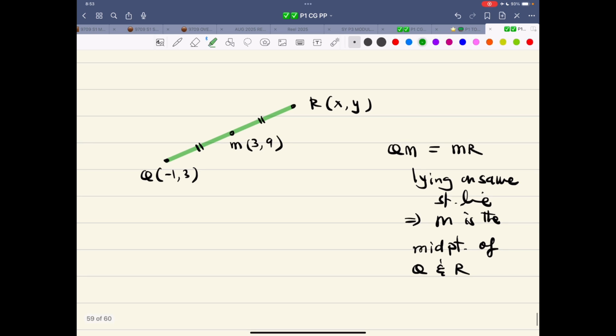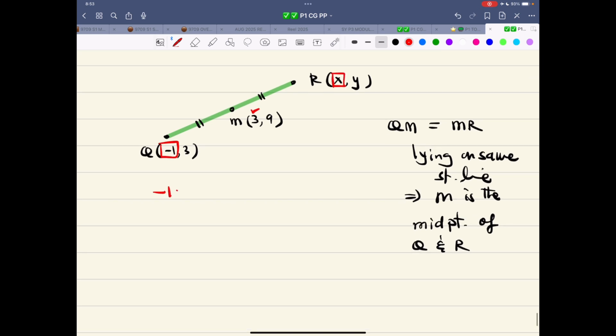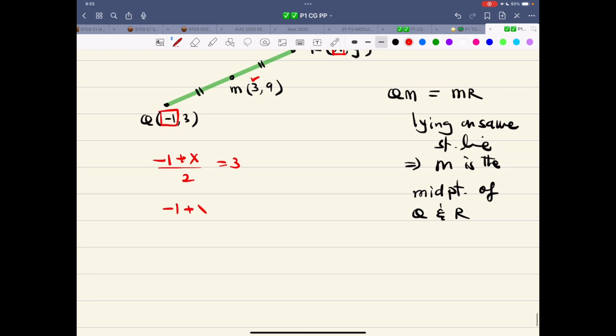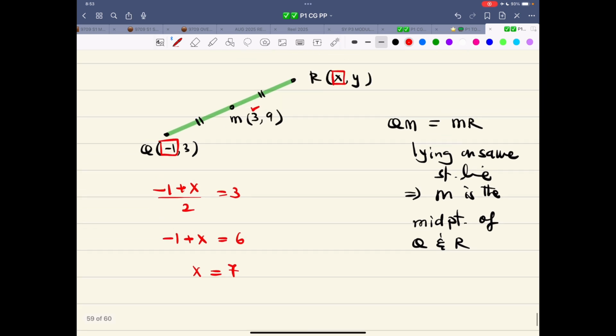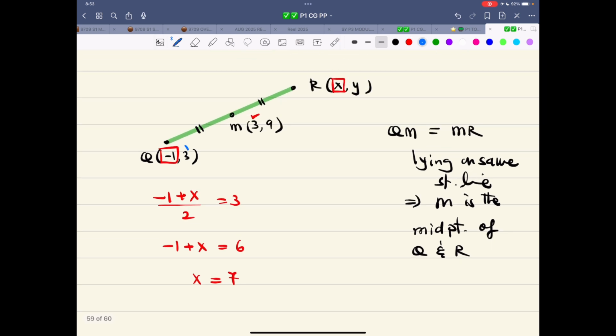So now let me choose a red color. Right over here, this is -1, this is x, this is 3. So -1 plus x divided by 2 is equal to 3. -1 plus x is equal to 6. Therefore, x comes out to be 7. The next one, the blue color, there is 3, there is y, there is 9.